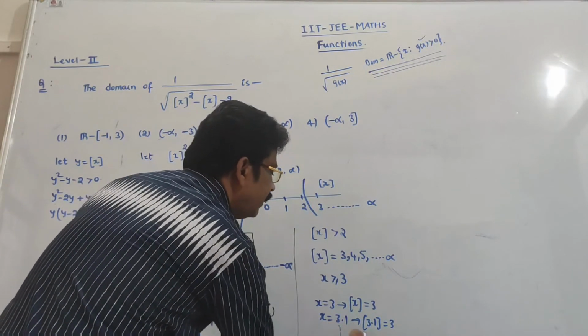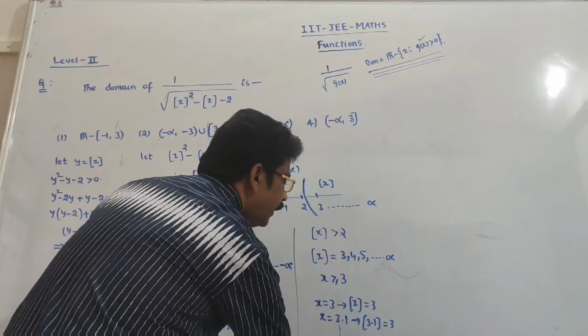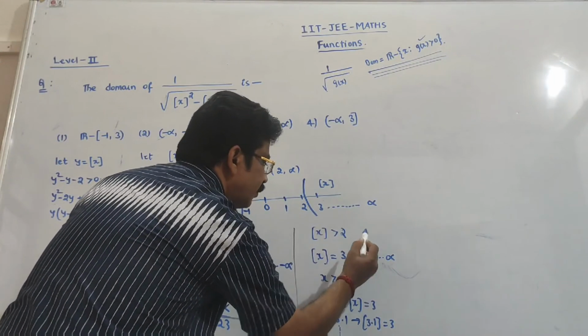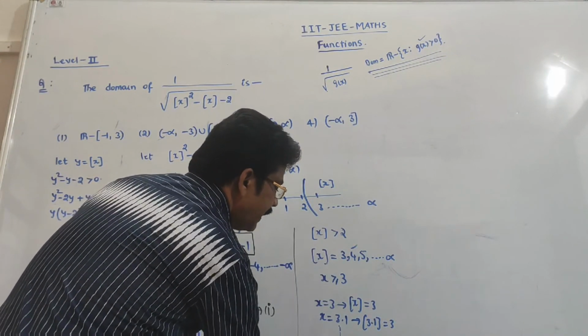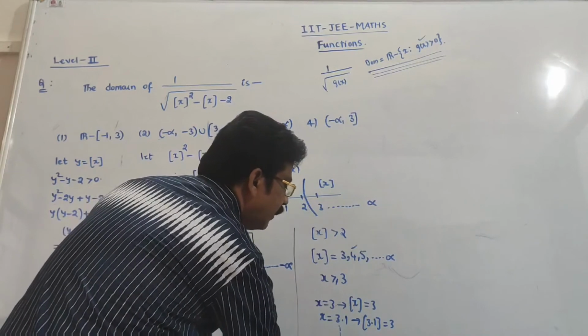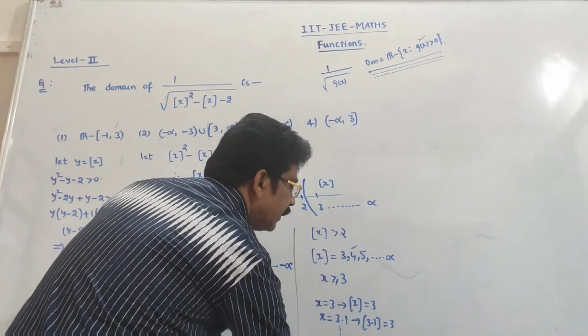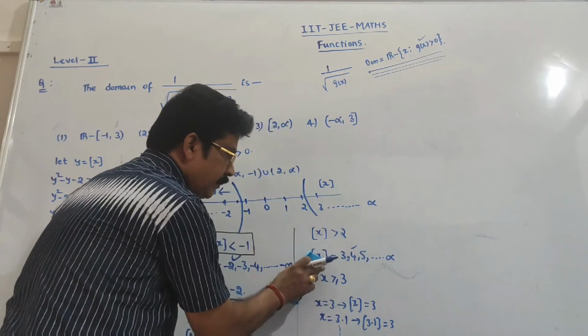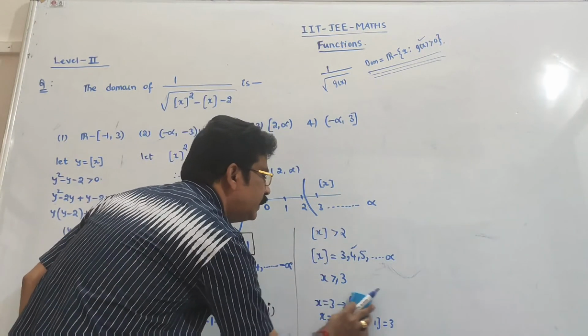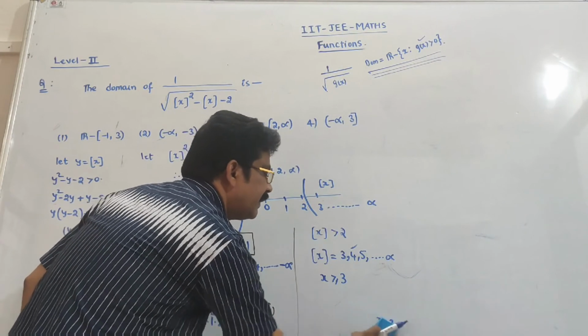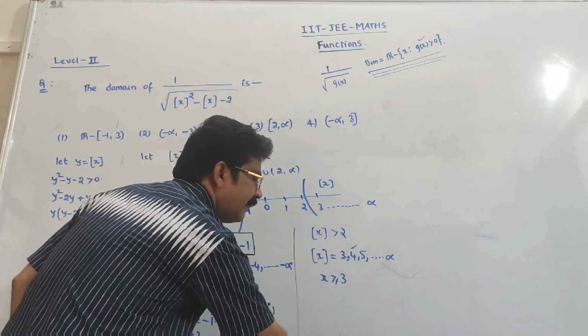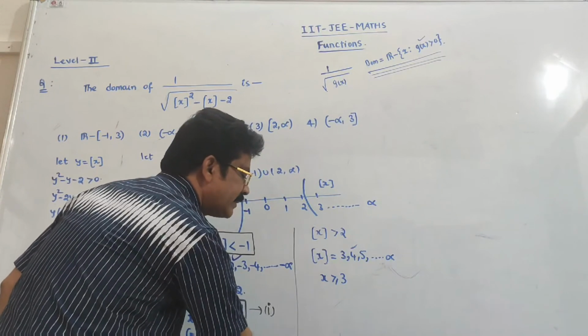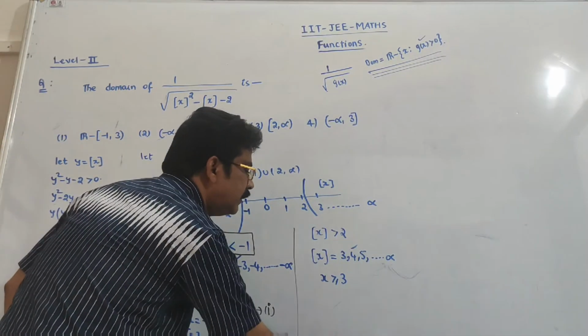And for x equal to 4, box of 4 is equal to 4, and for greater than 4, like 4.1, box of 4.1 is equal to 4. So anyhow, box of x is equal to 3, 4, 5, and so on up to infinity. Then what is the value of x? x greater than or equal to 3.